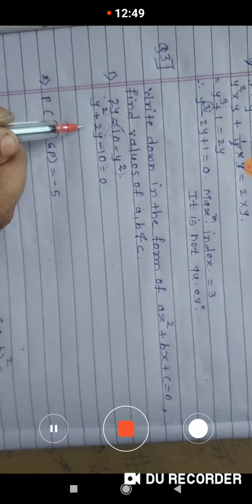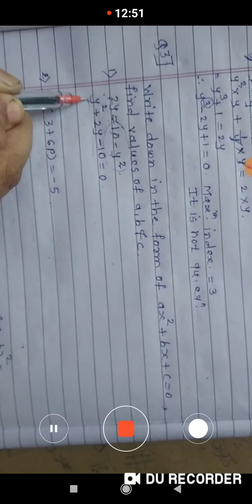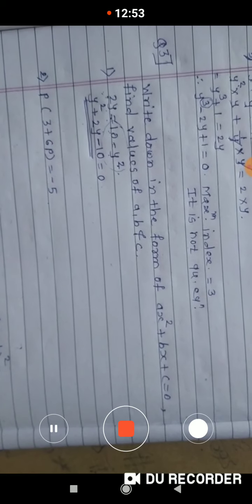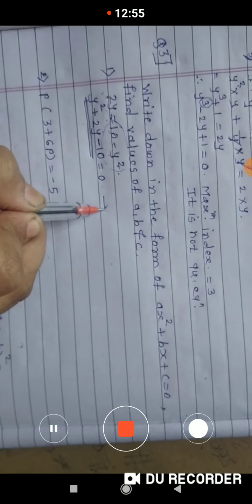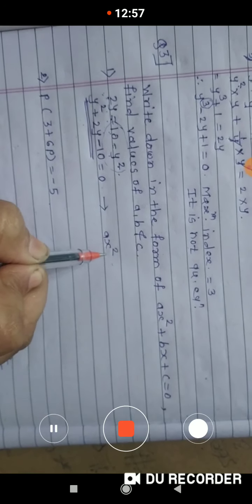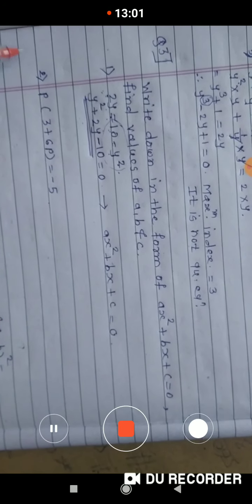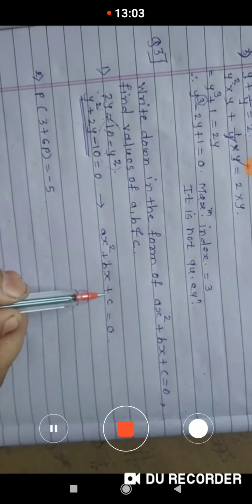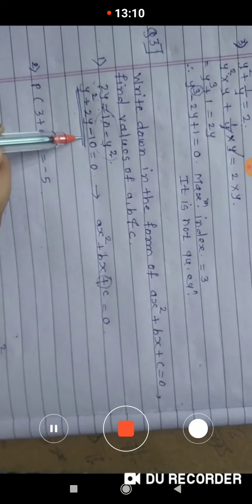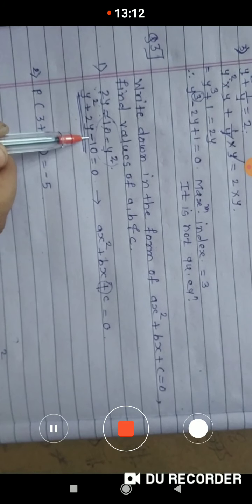Understand? This is the standard form of a quadratic equation. Which is the standard form here? Ax square plus bx plus c is equal to 0. See student, some students think that in the standard form the sign is plus, and here the sign of 10 is minus.